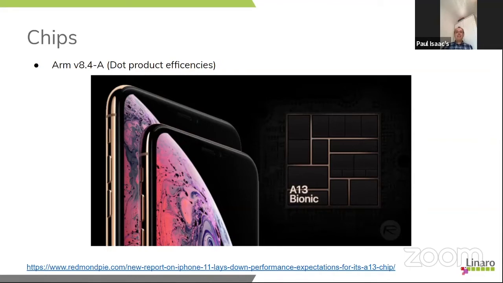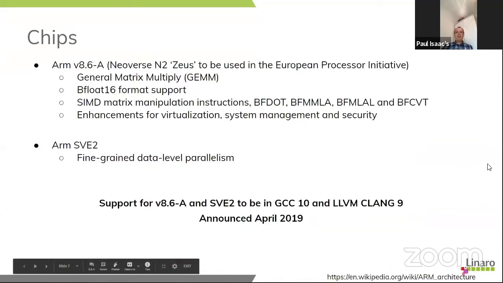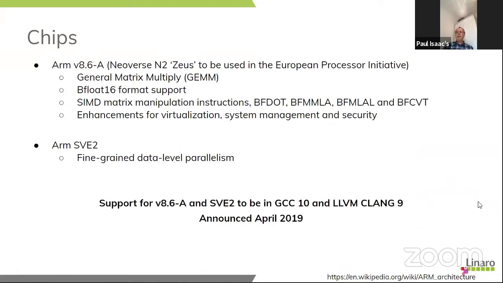Okay, so next slide. So if we come right up to date, the current version is 8.6. And so we're expecting that the Neoverse N2 reference design will be used by the European Processor Initiative. And we then note that there is bfloat16 format support in hardware.